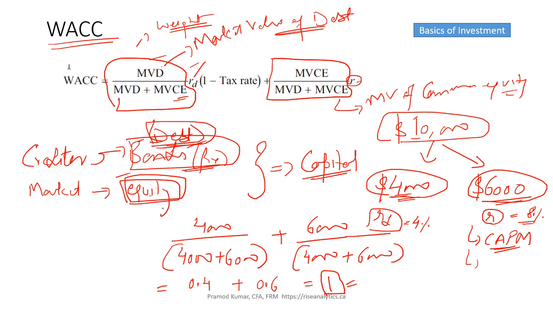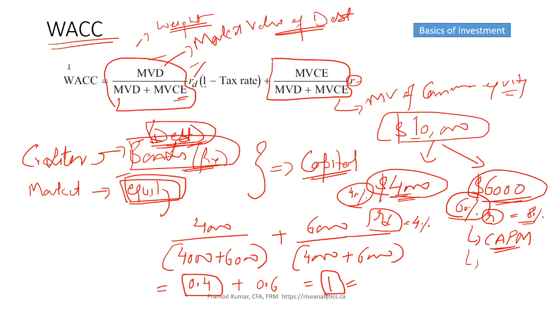We cannot have 80 or 60%, so this is one way to check. This means 40% of the capital, or 0.4 in decimal, is coming from debt, and 60% comes from equity.